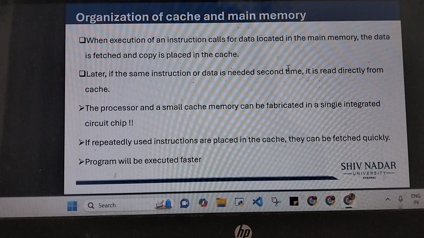If it is not available in the general purpose registers, the control unit will first search the cache memory to see if this piece of data is available there. If it is present in the cache, it will pick it up from the cache, bring it to the register, then to the ALU and so on. If it is not present in the cache also, then it goes to the primary memory. From that the data is accessed. So cache is just an intermediate step between your registers and primary memory, like I said, to bridge that gap or overcome that trade-off of time versus availability.